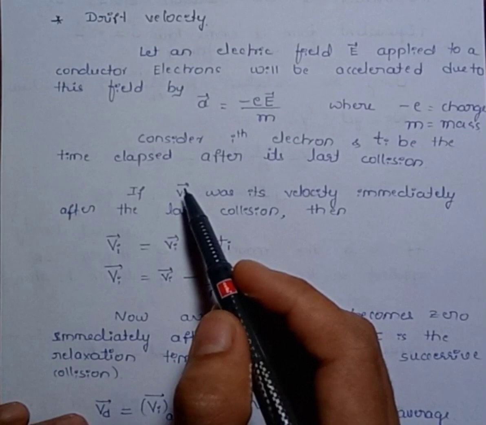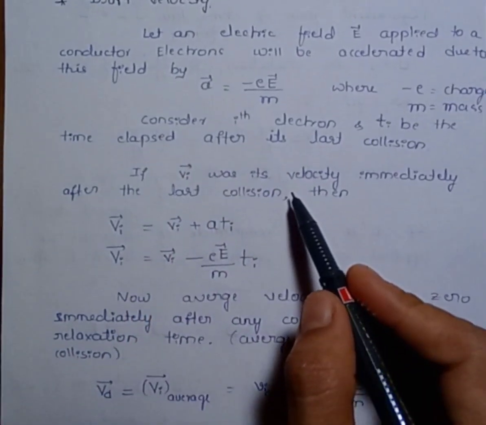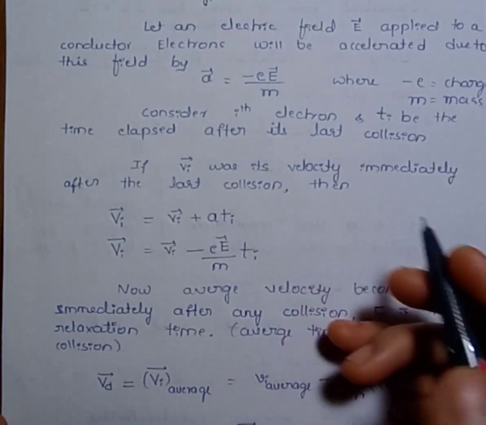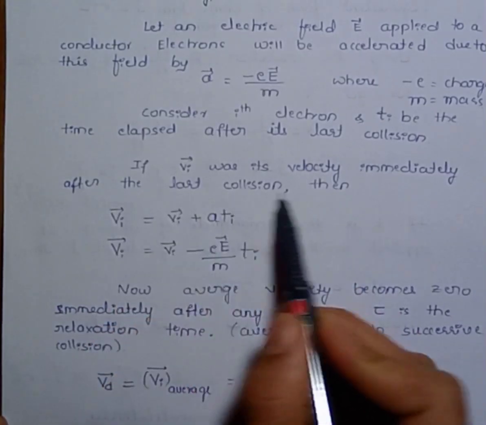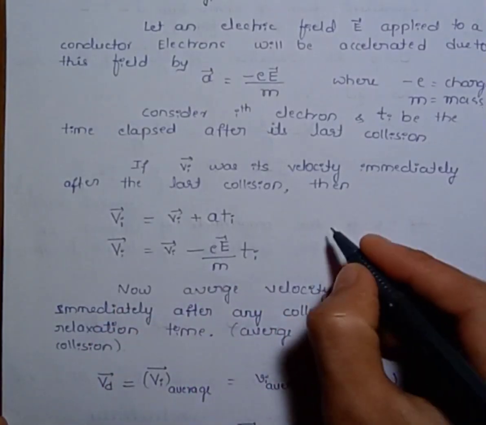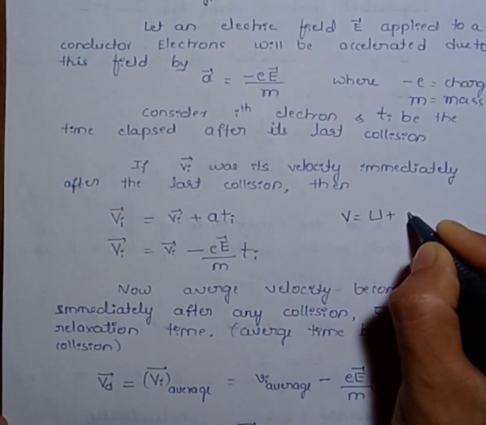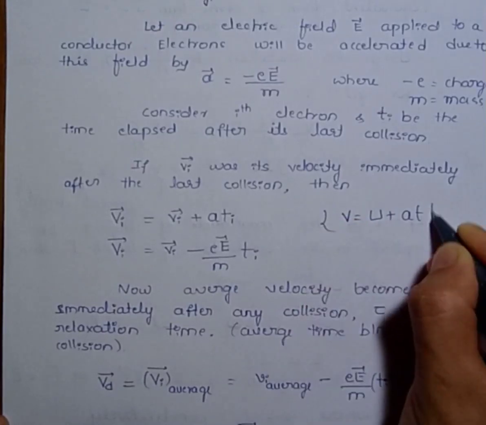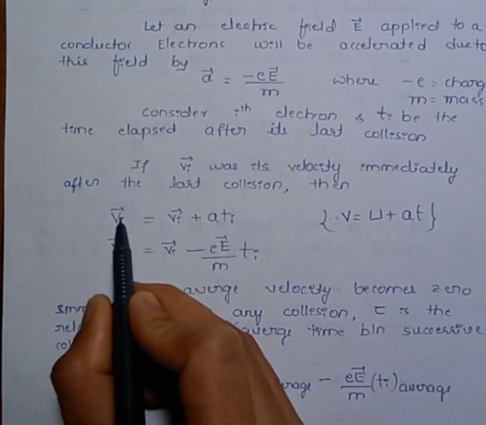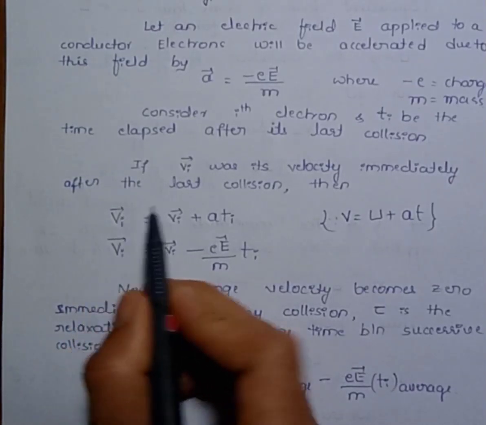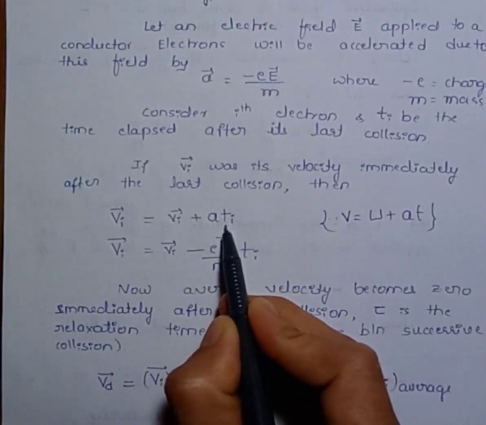If we consider the ith electron and ti is the time elapsed after the last collision, then what happens? vi was its velocity immediately after the last collision. Then according to the relation V is equal to u plus at, we can write the expression as capital Vi vector is equal to small vi vector plus a into ti.